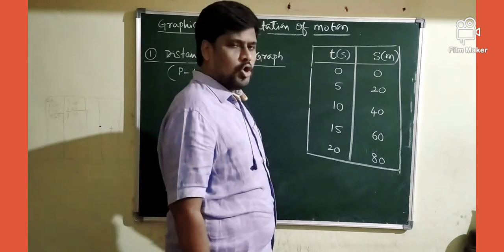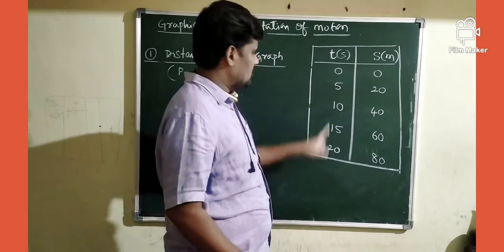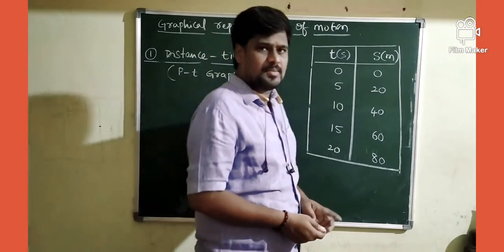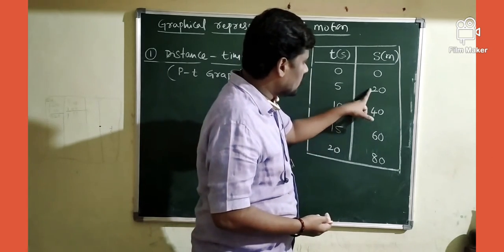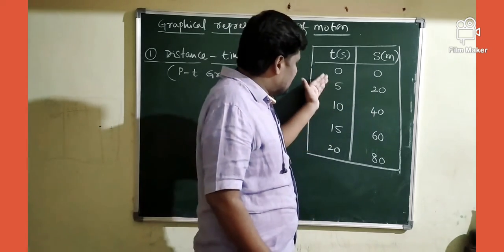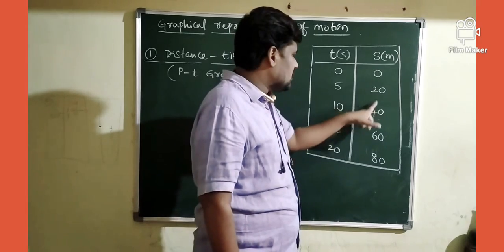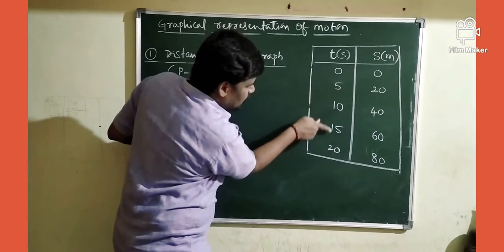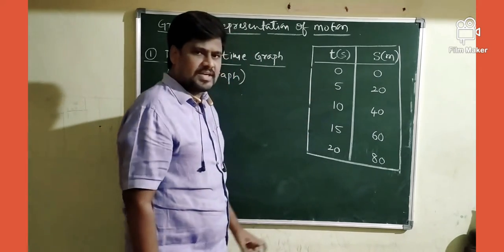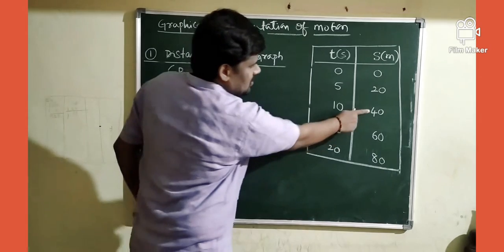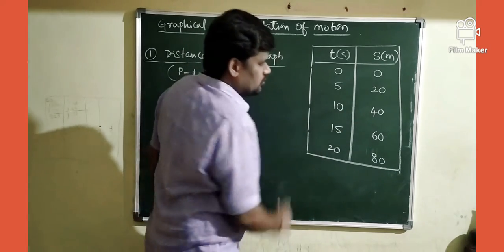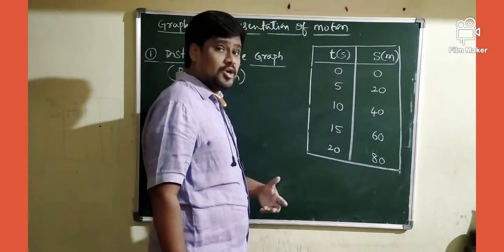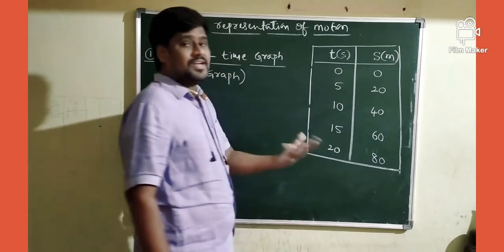From 5 to 10, the time is 5 seconds, and the distance changes from 20 to 40, so the body covers 20 meters. From 10 to 15, the next 5 seconds, the distance changes from 40 to 60, once again 20 meters.